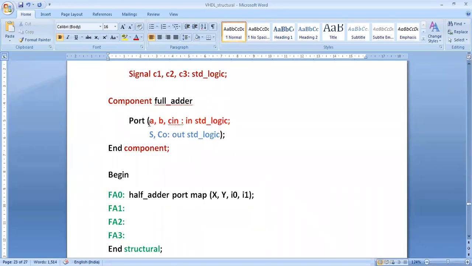So what are the component signals? A, B, C in, and S and C out are the output signals. So now we have to use this full adder circuit to build a parallel 4-bit adder here. Okay, is it clear? Up to this, is it clear? Please respond.